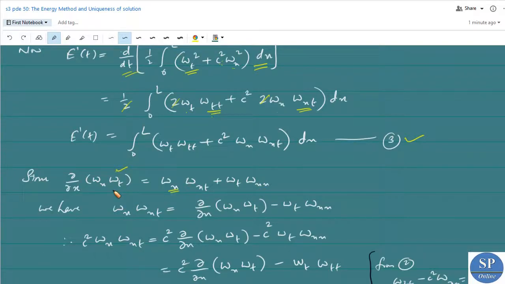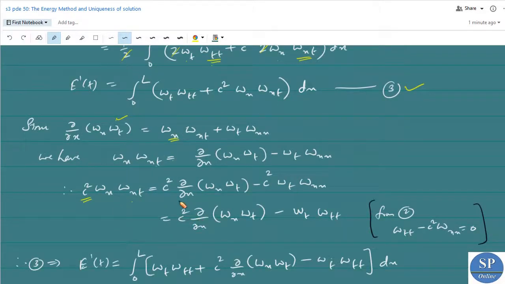So from this, Wx into Wxt is equal to dou by dou x of Wx into Wt minus Wt Wxx. Therefore, multiplying throughout by c square, c square into Wxt is equal to c square into dou by dou x of Wx into Wt minus c square into Wt Wxx. From our equation, c square into Wxx is nothing but Wtt, so we can replace c square into Wxx with Wtt.